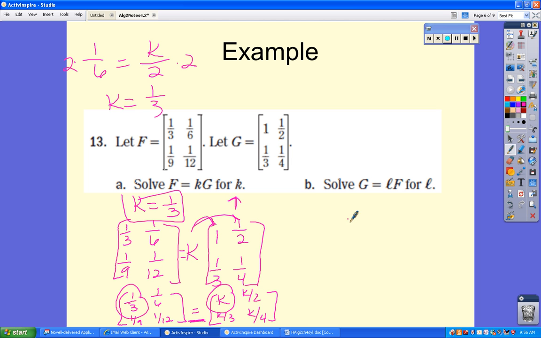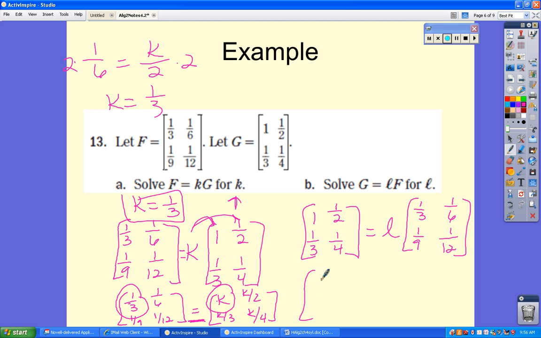Okay, let's try this one. Solve G equals LF. G is 1, 1/2, 1/3, 1/4. It equals L, which is what we're looking for, times F, 1/3, 1/6, 1/9, 1/12. Okay.